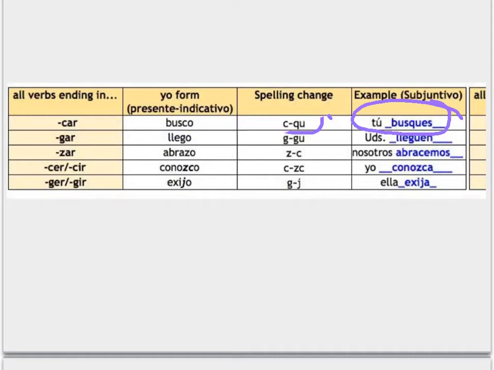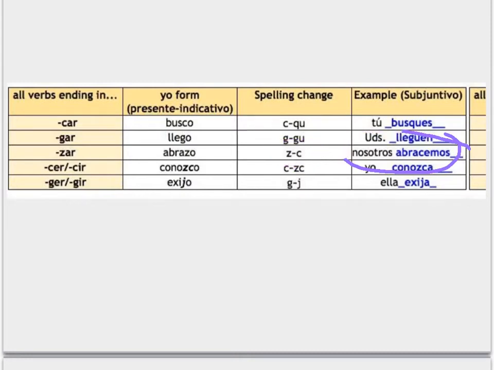A verb that ends in gar, for example, llegar, to arrive, the g changes to gu. So we have, for example, ustedes lleguen. Another example, like abrazar, to hug, the z changes to c. So we would have, for example, nosotros abracemos.